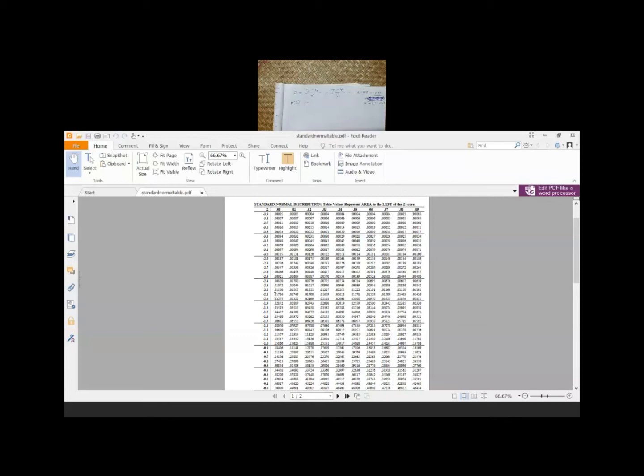This is the row which contains minus 2.1. If I advance along this row up to 0.07, then what will we get? We will get 0.01500. Did you get the value?